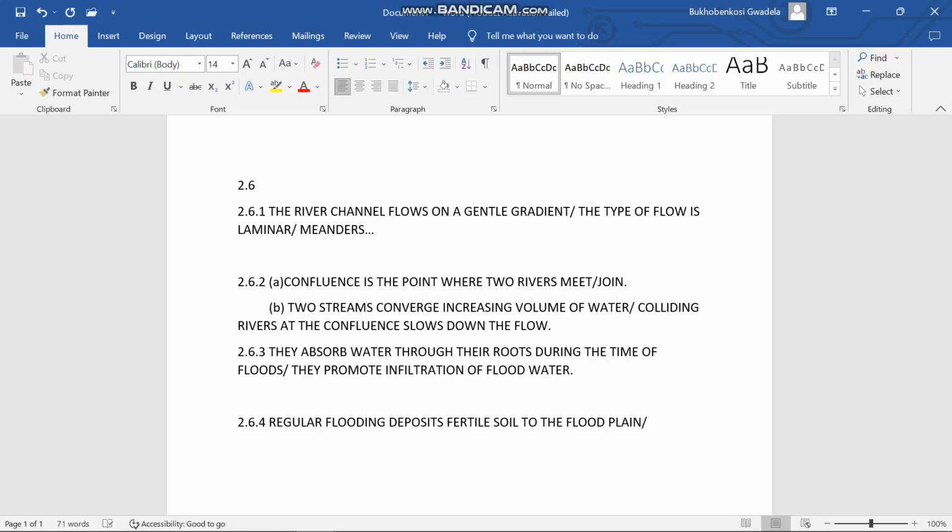Regular flooding also increases the volume of water in the river to dilute the pollution.